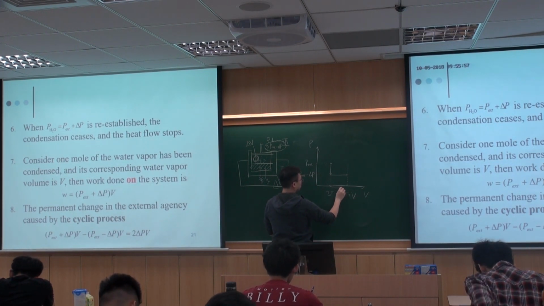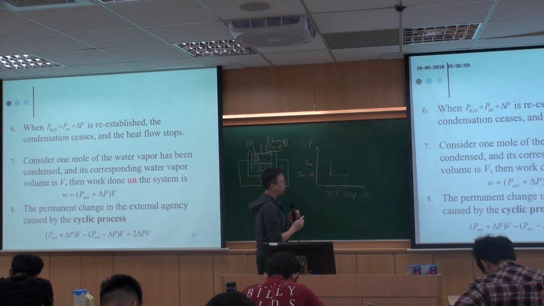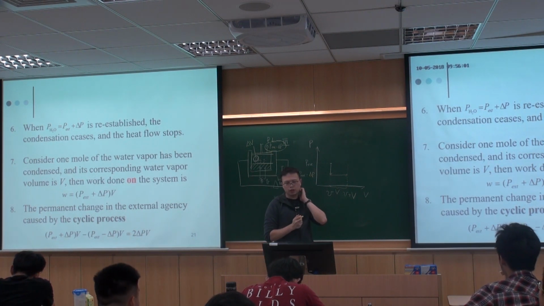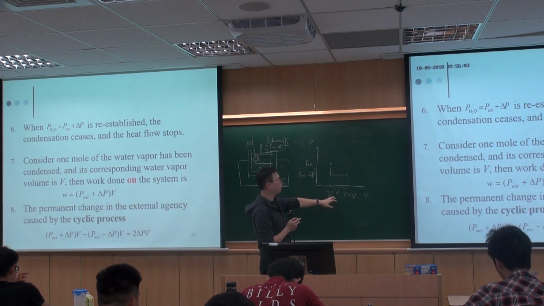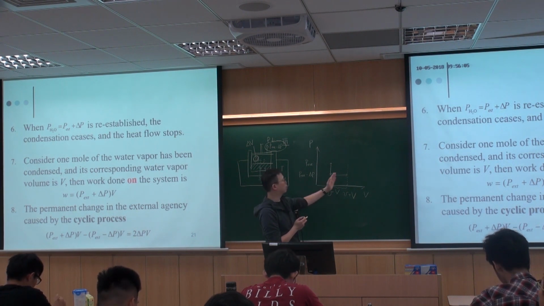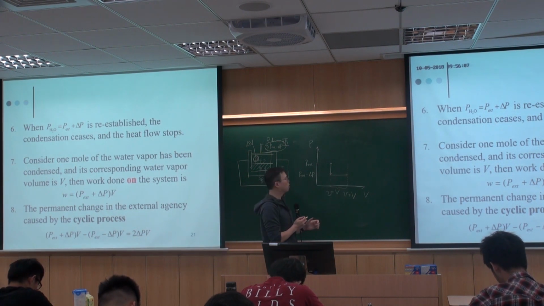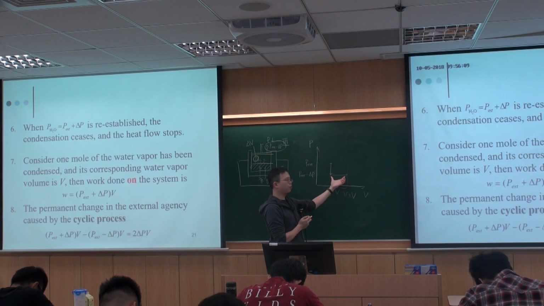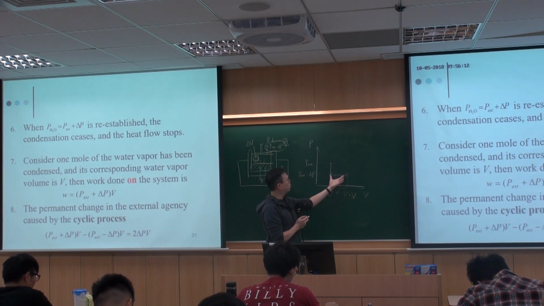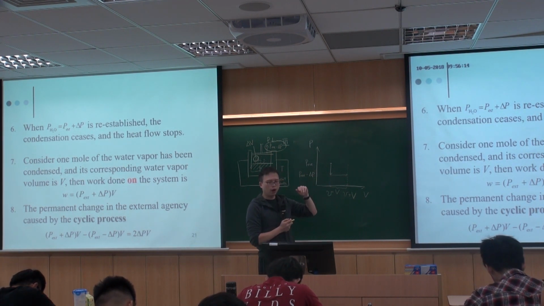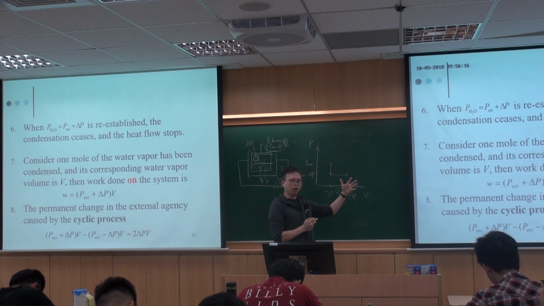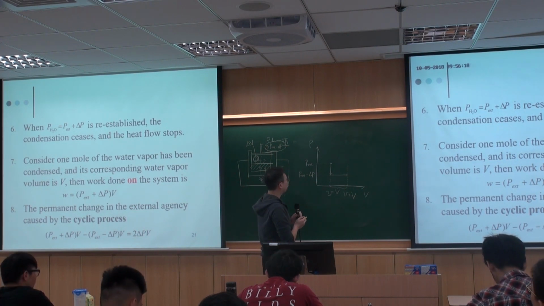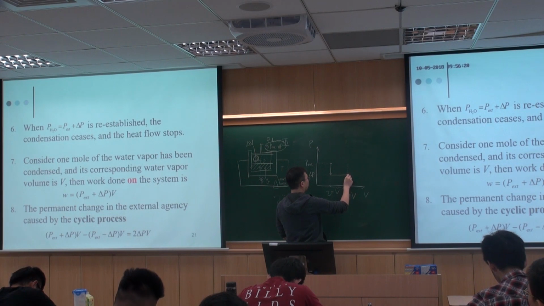So this is the volume that the textbook mentioned. But personally, I prefer delta V, as you can see, because this is the change in terms of volume. This amount of water has been evaporated from the liquid part to the vapor part. And so eventually, we'll be over here.